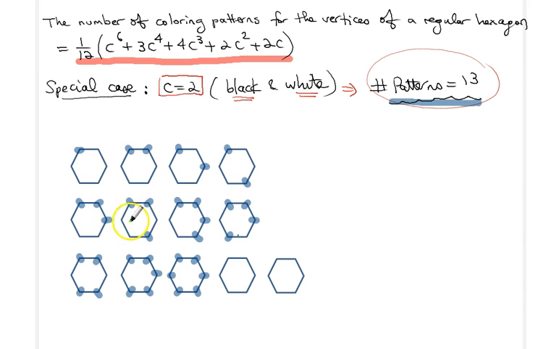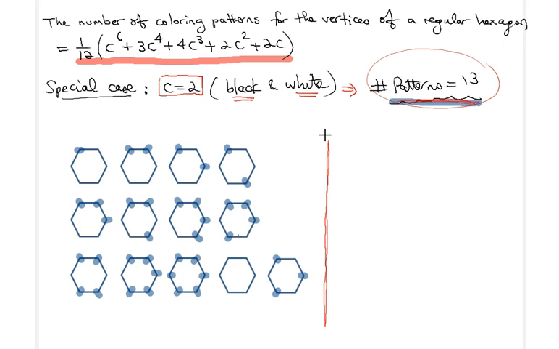Oh, I'm skipping a case here. I forgot the following case. Remember, this is the one where no vertex is colored. How about this case? Yes, that's the one I was missing. So this completes the proof, and it confirmed that our result makes sense. Perfect. So we have some idea what's going on here.